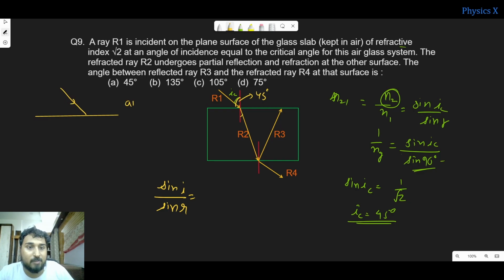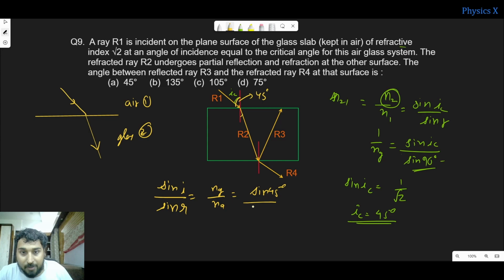This was your air, the first medium, and now it is traveling to glass, which is medium 2. So it is Ng by Na. So sin I is sin 45 degrees upon the angle of refraction, which you don't know, sin R, and this is Ng, which is equal to √2.